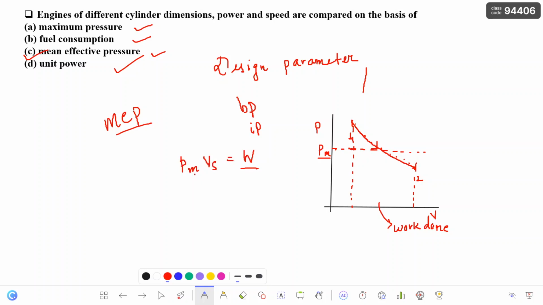So this is that pressure. This is generally a theoretical concept. This is the pressure which will generate the same amount of work that is being generated in an expansion stroke. So through that only we can compare different engines.